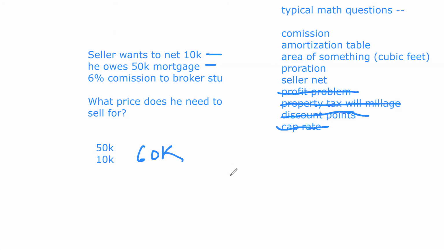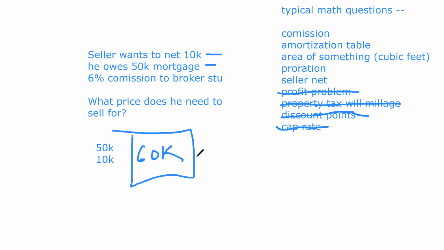But that's not everything, okay? Because the seller says they want to net something and they owe 50,000 on a mortgage. So here's how I'm interpreting this question. Minimally, he needs 60,000. But what more do you need? So here's where people usually go wrong. They take the 60,000 and they don't understand what that is.